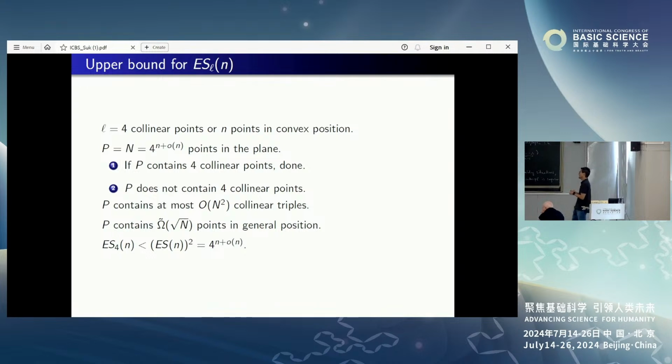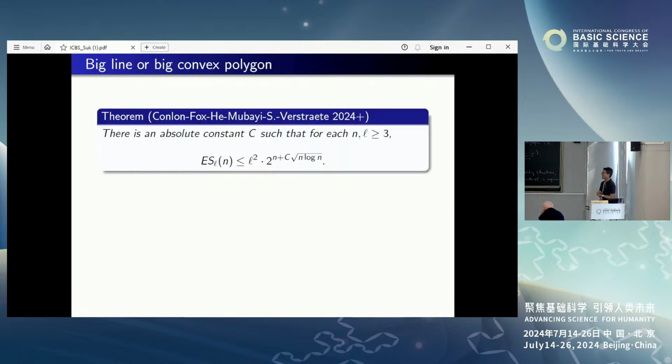The function collinear, and that was, is that kind of correct? And we are able to show the L square factor is the best known upper bound. So we have L 2.